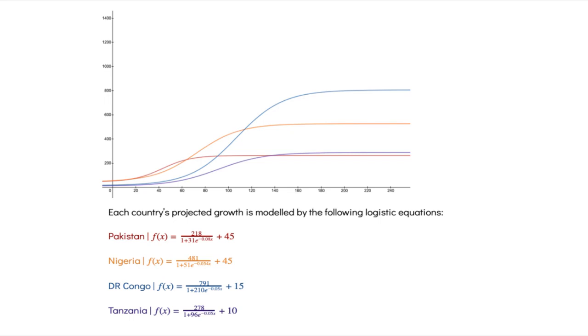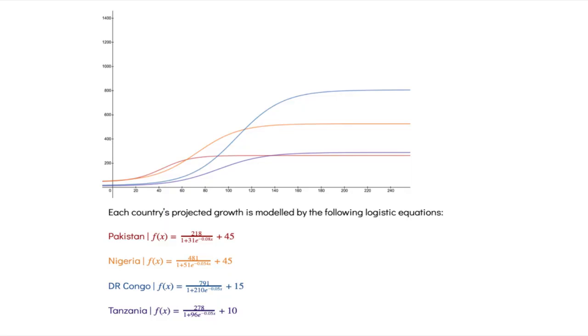On the other hand, Tanzania, which had a lower Y value of 10 when x is equal to 0, took a longer time to reach its maximum population size of 288 million. Moreover, Pakistan had a smaller B value of 31 as compared to a value of 96 for Tanzania's graph. This allowed Pakistan to reach its maximum carrying capacity much faster than Tanzania.